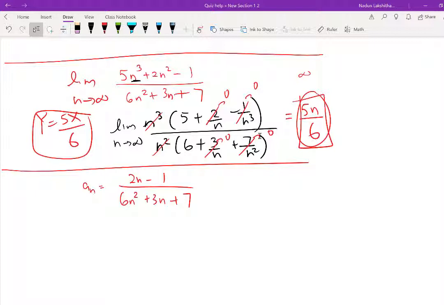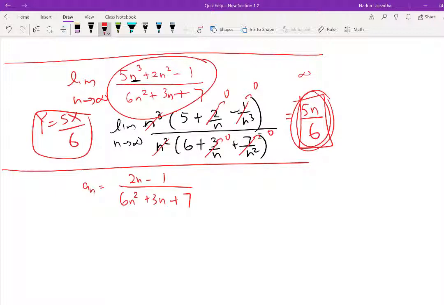So in the numerator you have a polynomial of larger degree, so the numerator is increasing much faster than the denominator. That is why this whole thing behaves like 5n over 6. In 5n over 6, the numerator is huge, right? When n is huge, the denominator is always 6, so that is why it's going to infinity.